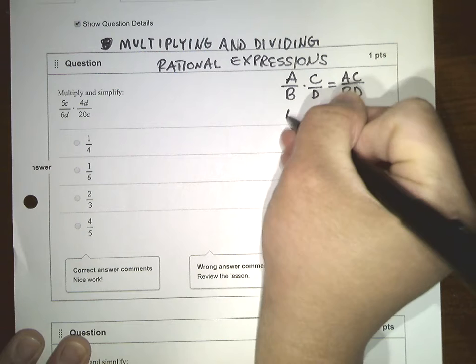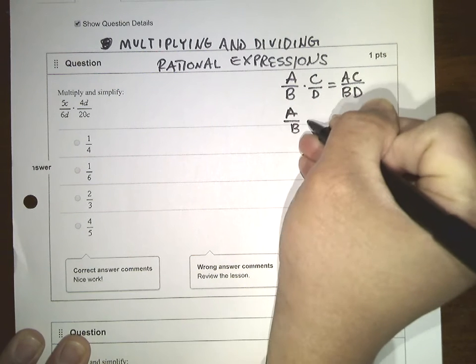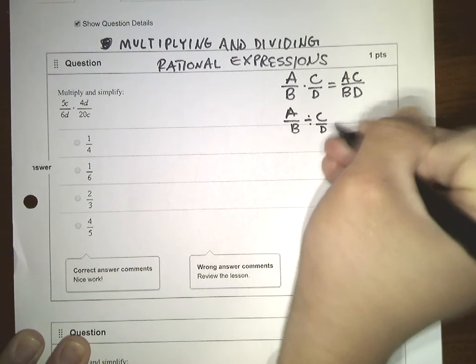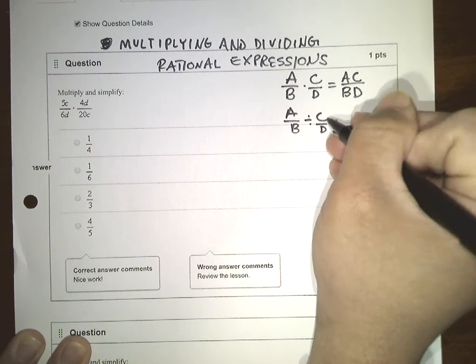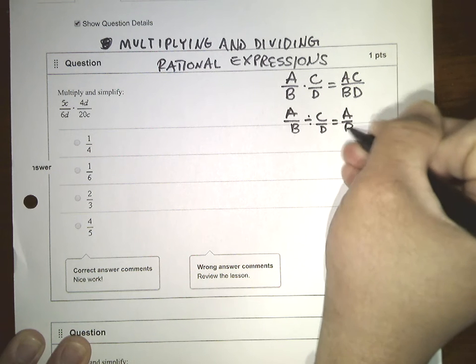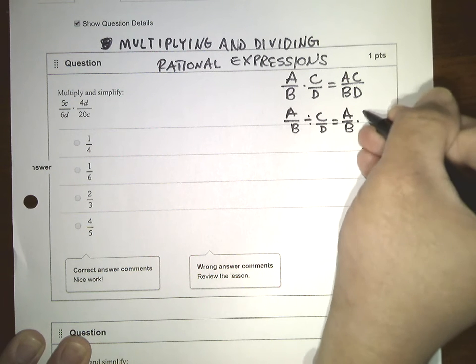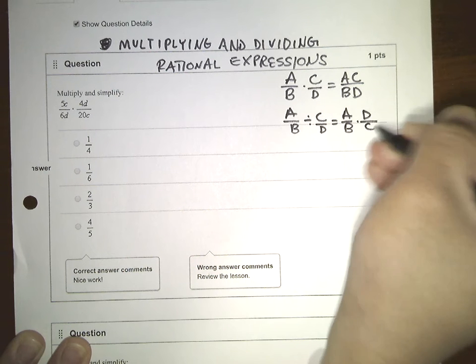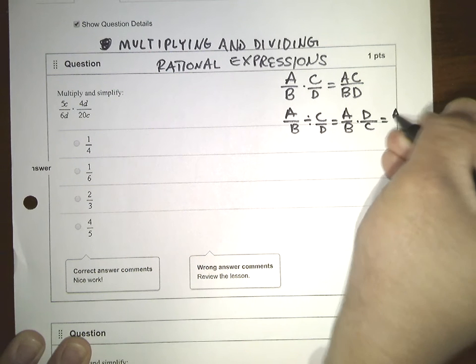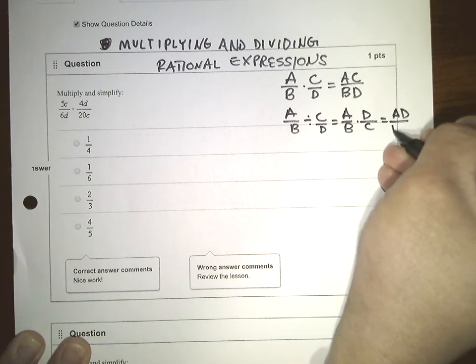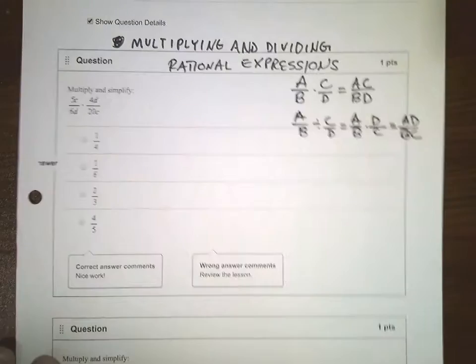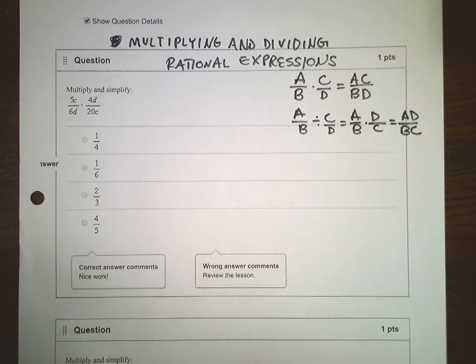Or for a over b divided by c over d, we'll multiply the a over b by the reciprocal of c over d, so that's d over c, and that will give us a d over b c, and then we'll simplify the result. All right, so let's go ahead and move forward in that fashion here.